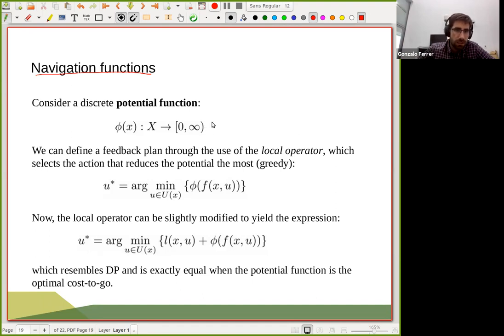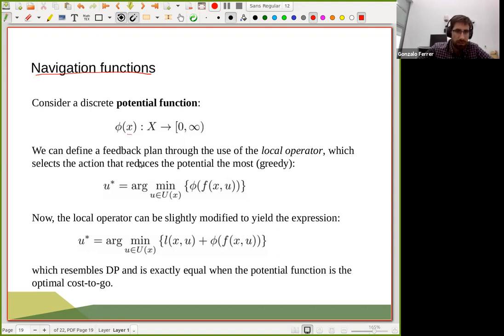For this, let's consider a potential function. Remember that x is a discrete state, and from any state what we get is a real number, a positive value. This is what the potential function is doing. We'll explain potential functions again in the next lecture.